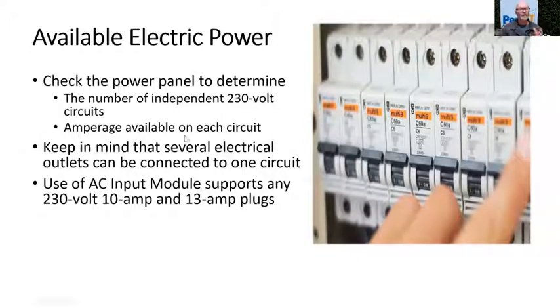So when I'm looking at 240 volt power, I've got to look at the circuits that are going into the house or into the hotel room, and that will allow me to work out how many different circuits are available, and that will determine whether I can use 2, 3 or 4 heaters. Now with the 240 volt heaters, some of those units require 2 inputs, and that would be from 2 different circuits.